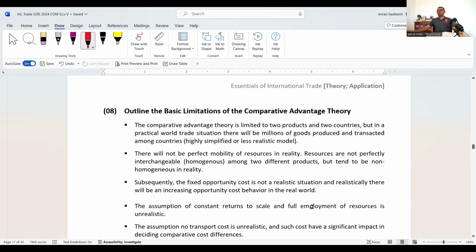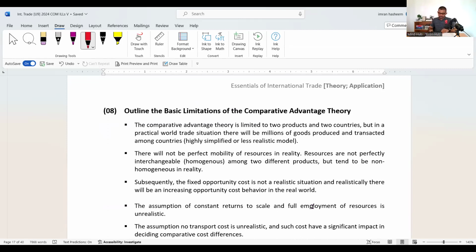Okay. So what are the basic limitations of the comparative advantage theory? Most of these limitations are based on the assumptions of the comparative advantage theory. So, if I may ask you to go to page 7 of the material. You have the hard copy of the study material.